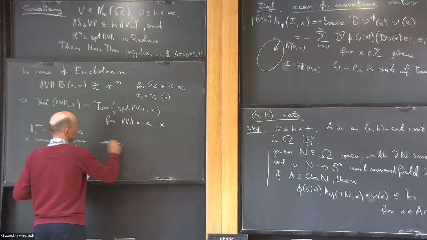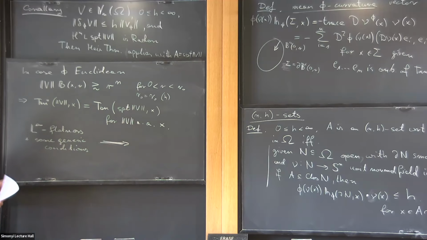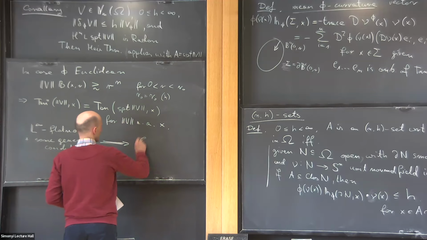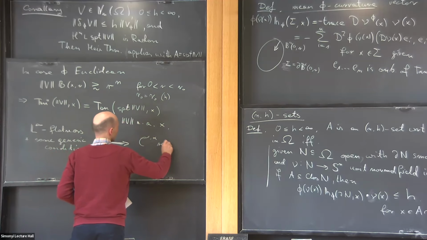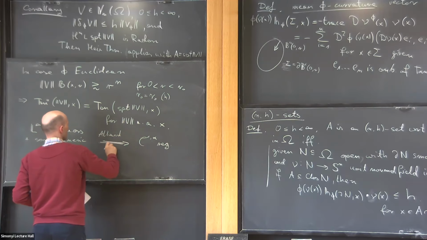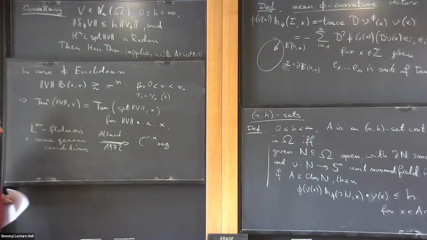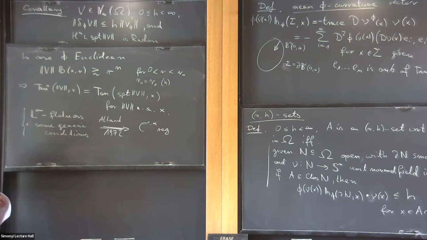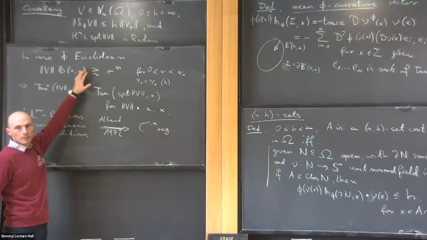If you have a point at which you have this flatness, and this point is generic, I don't want to state all these conditions, then you have C1 alpha regularity. This is the classical paper of Allard, and this works for the Euclidean case.